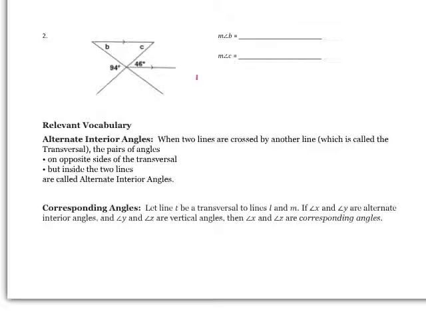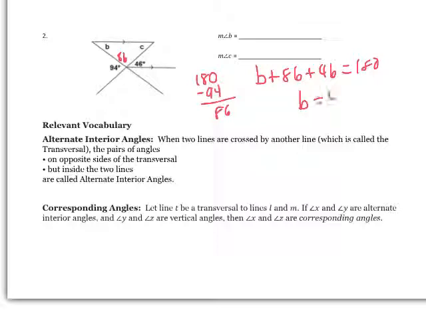So if I subtract 94 from 180, because linear pairs add to 180, I get 86. So this is 86. And I know the sum of the angles in a triangle just from previous classes adds to 180. So B plus 86 plus 46 is equal to 180. And when you solve, you end up with B being 48.